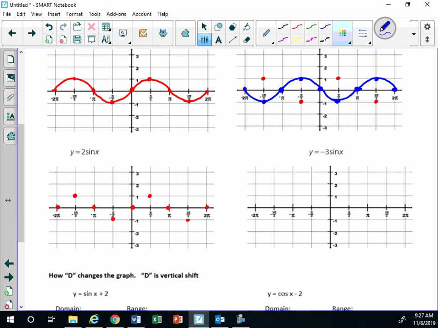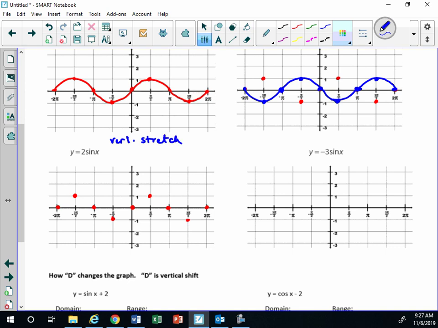All right, what does the 2 do? Stretch, yeah. What does it stretch? Like which way? Up, okay, yeah. So up and down, it gets stretched vertically. So vertical stretch.